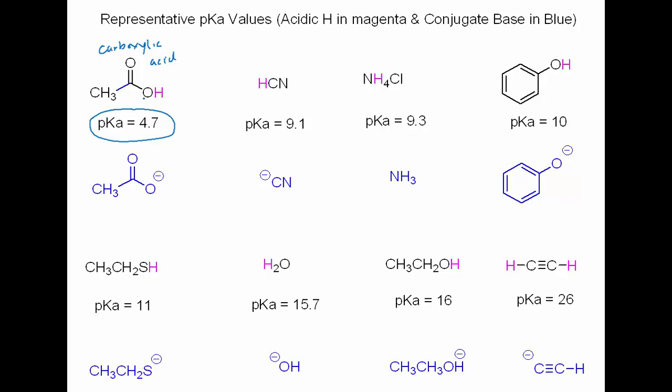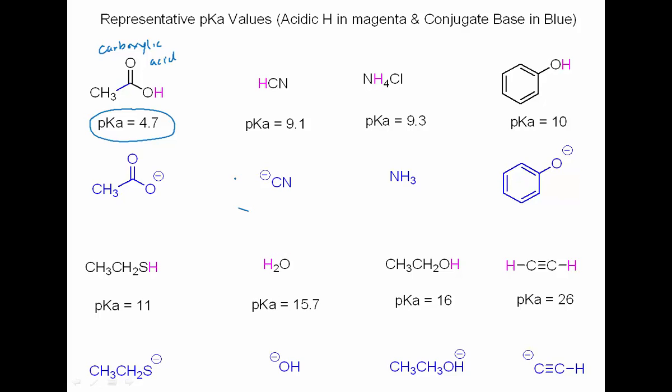Okay, hydrogen cyanide, pKa 9.1, and these are going in order from low pKa to high pKa. Ammonium chloride is 9.3. Phenol is very close to that at 10. Okay, in blue here, by the way, beneath each of these acids, we have the conjugate base.